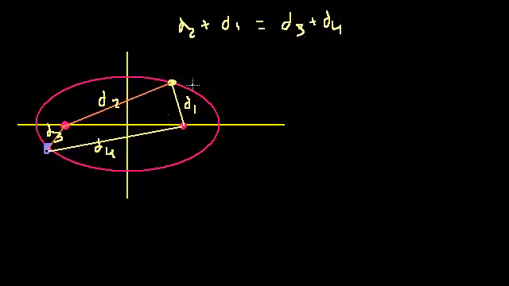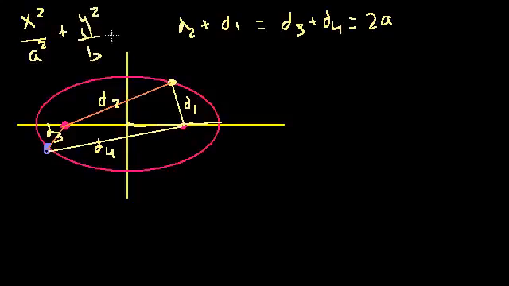And we learned in the last video that this quantity is actually going to be equal to 2a, where a is the semi-major radius. If this is the formula for the ellipse, this is where the a comes from: x squared over a squared plus y squared over b squared is equal to 1.